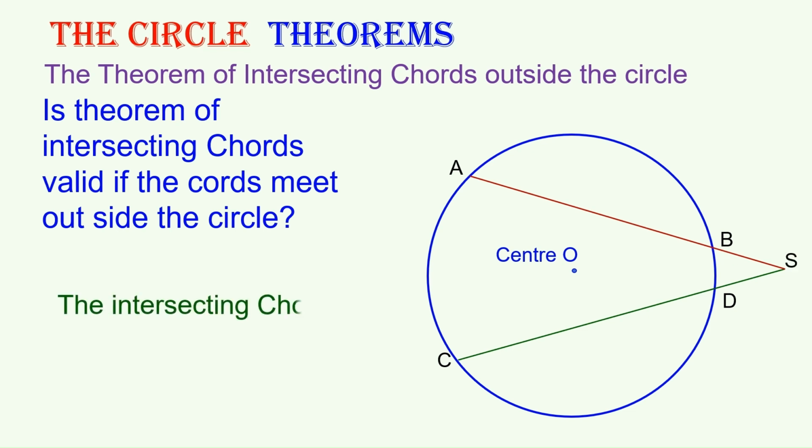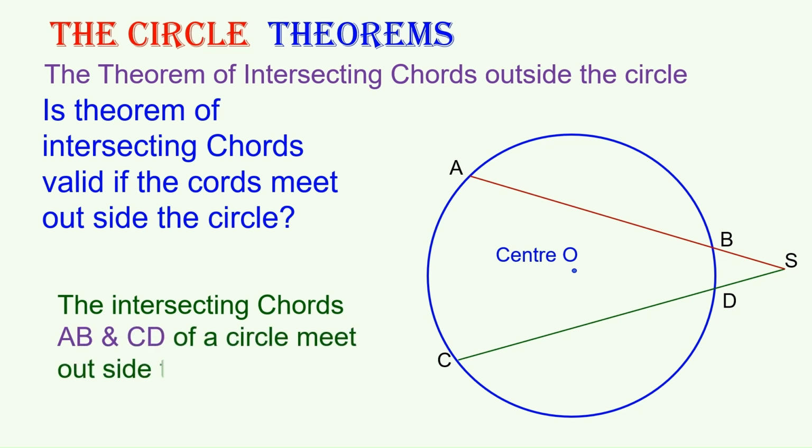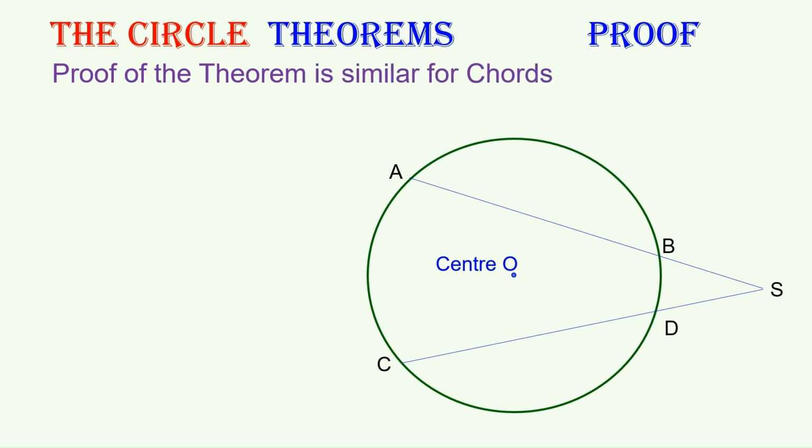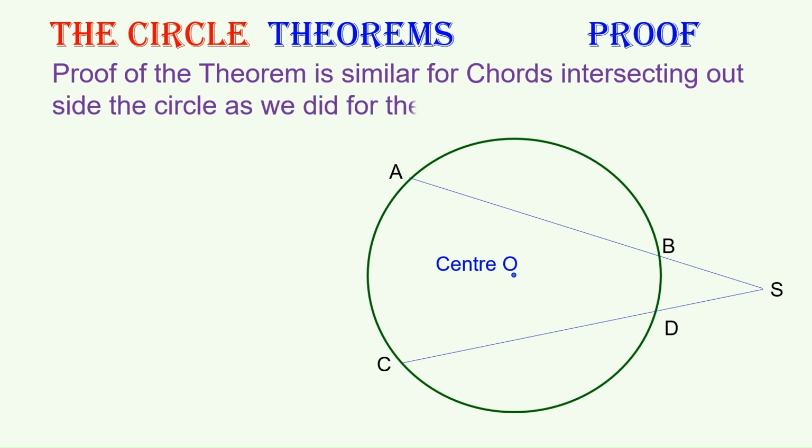Let the intersecting chords AB and CD of a circle meet outside the circle at S. The proof of the theorem is similar for chords intersecting outside the circle, as we did for the chords intersecting within the circle.